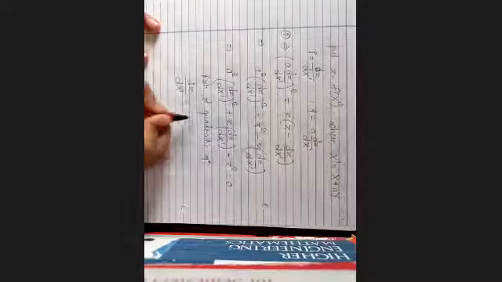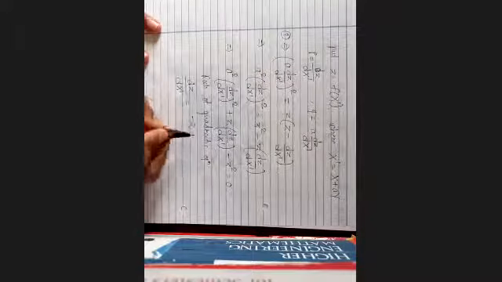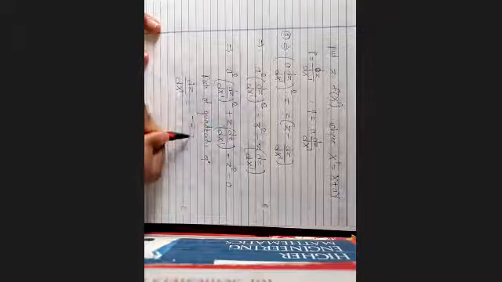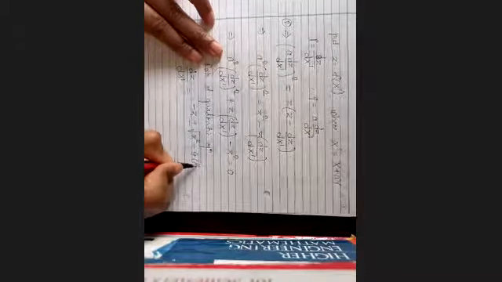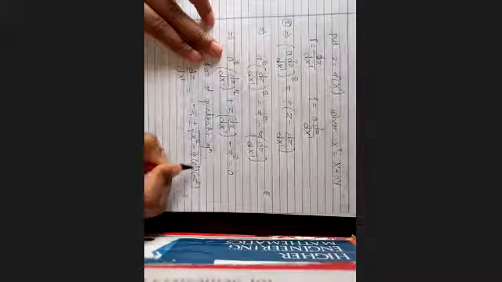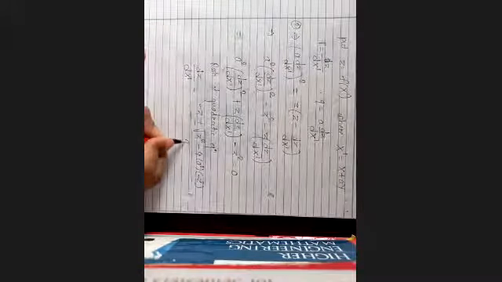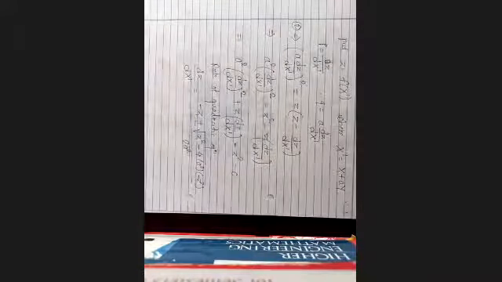Minus b plus or minus under root b square minus 4ac upon 2a. Here it is minus z plus minus under root b square z square minus 4a square into minus z square upon 2a, A is a square, 2a square. This is the formula.